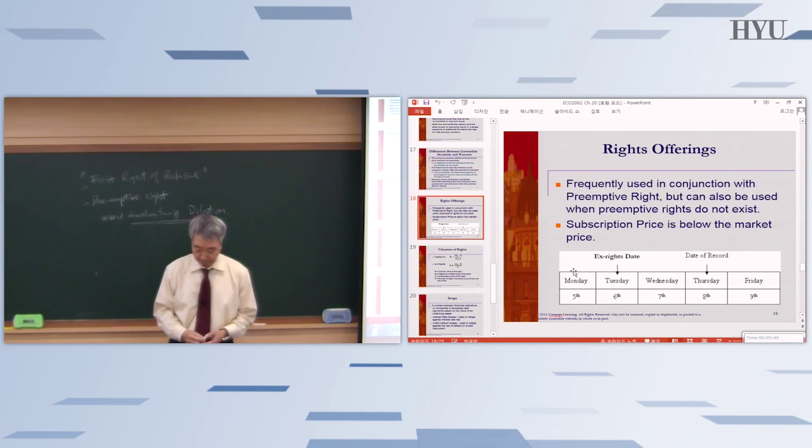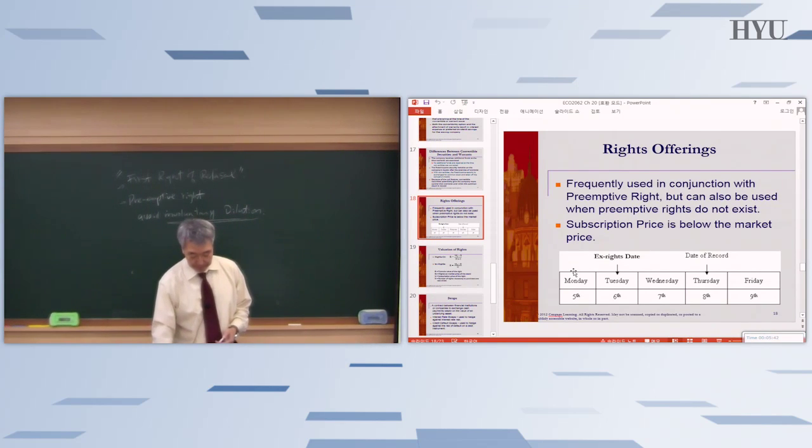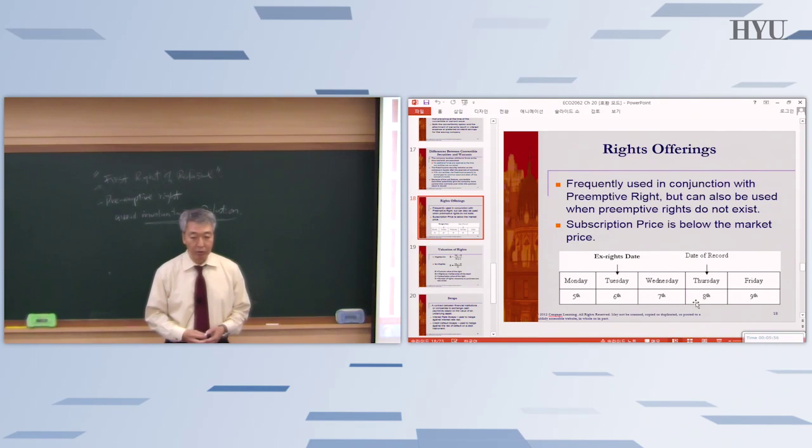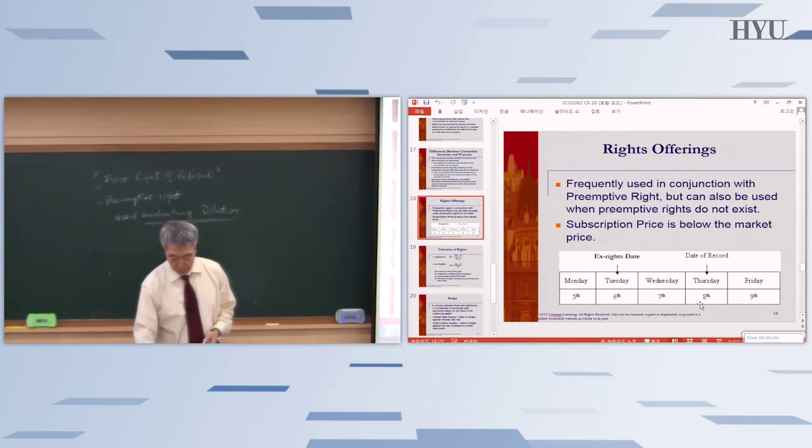What it means is if you are holding these existing shares on the date of record, which is, say, December 8th, then you will be allowed to purchase the new shares. You receive the right. But in order to get on the record, it usually takes a couple of days.